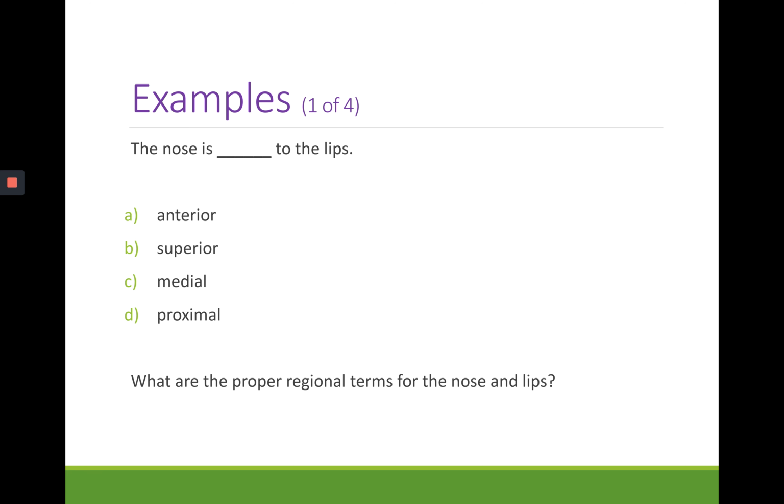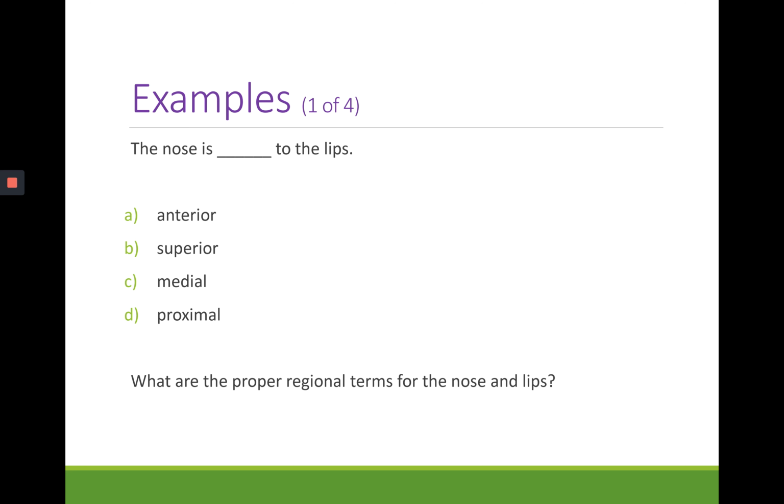Now, if you're not sure, the trick is to read this question backwards. And what I mean is, don't start with the nose and then compare it to the lips. Start with the lips. Go ahead and touch your lips. Now move to the first structure. Move to your nose. So if we start with the second structure and actually touch it, and then move our finger to the first structure, we're actually going to be moving in the direction that matches the term that we want to use.